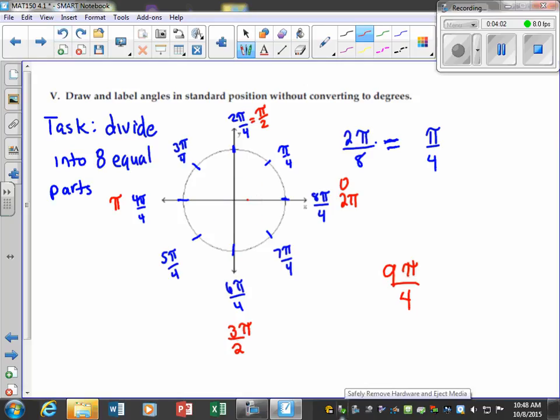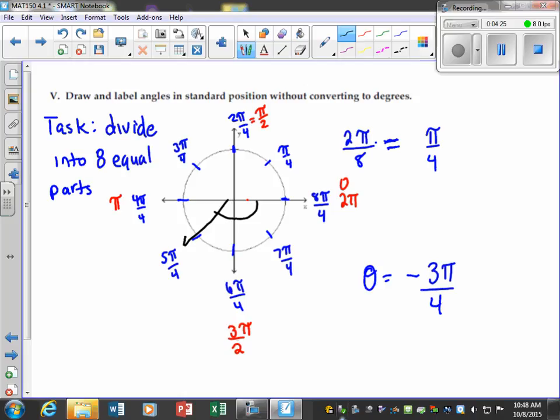Good. What about if theta was equal to negative 3 pi over 4? Where would that put us? Now recall, negative means a clockwise rotation. So if I went negative pi over 4, negative 2 pi over 4, negative 3 pi over 4, that puts us over here, right?